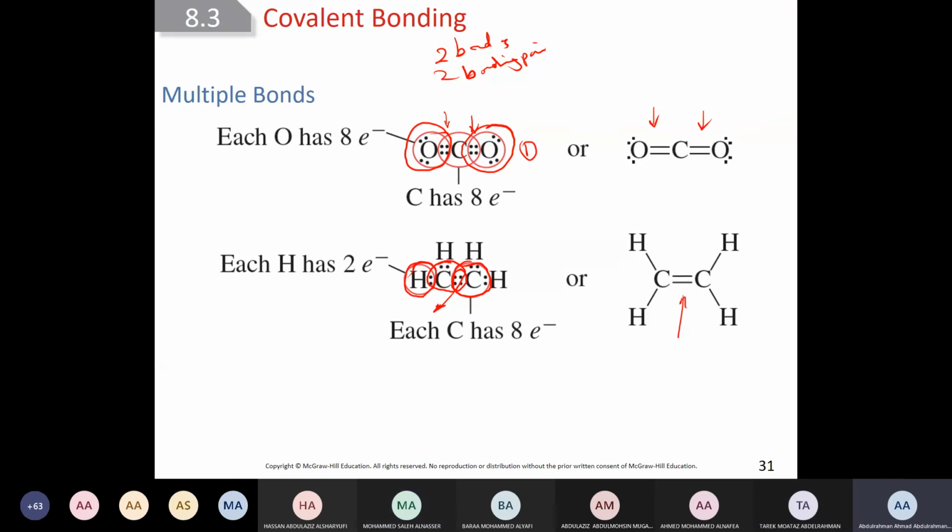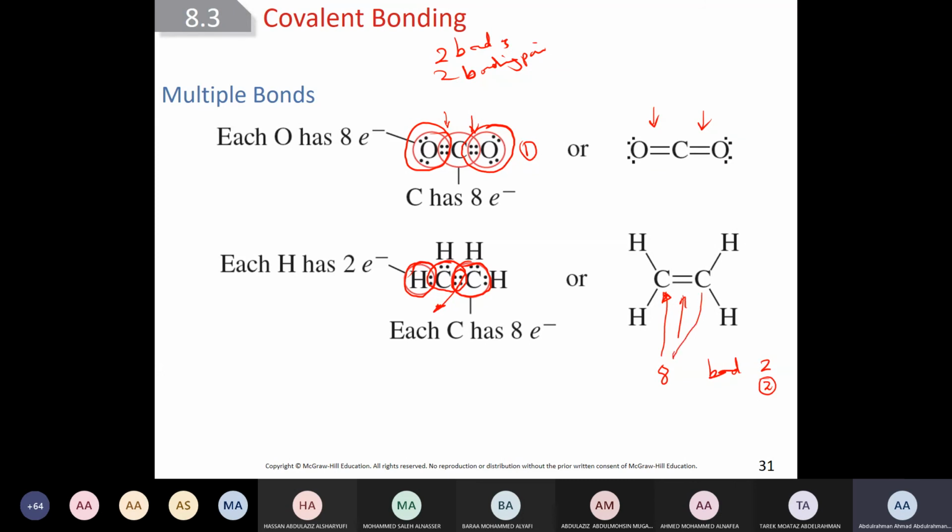Now let's concentrate on this one. How many electrons around this carbon? 8. How did you know? Each line represents 2 electrons. Each bond is an electron pair, so it's 2 electrons.